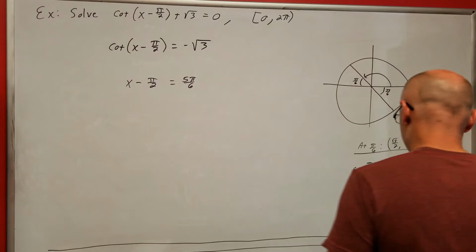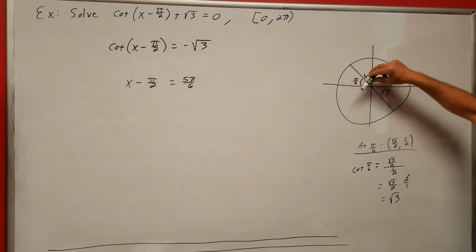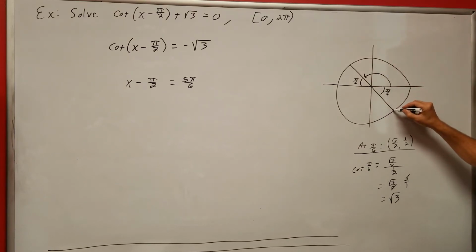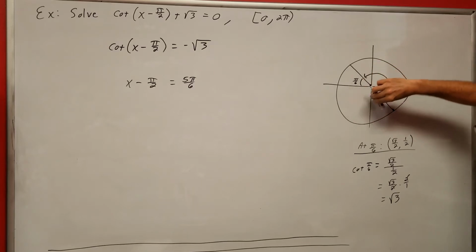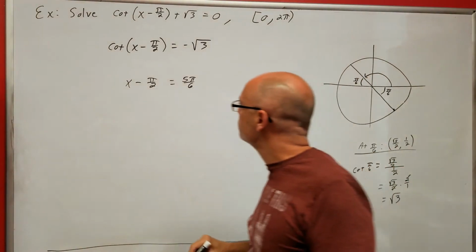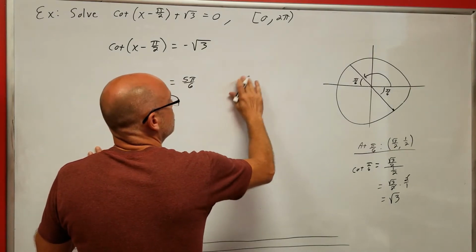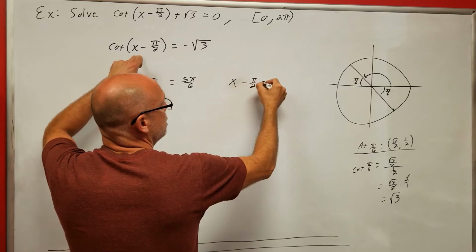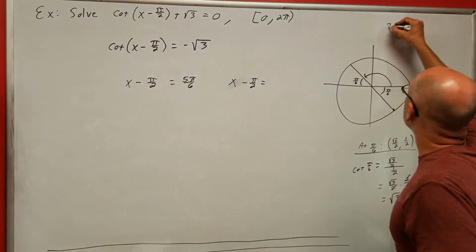Now, could I do this? Can I say, okay, 2 pi back off pi over 6 gives me this other angle right here. So 2 pi minus pi over 6. So I'm going to have my argument, x minus pi over 2, is equal to, what's 2 pi minus pi over 6?